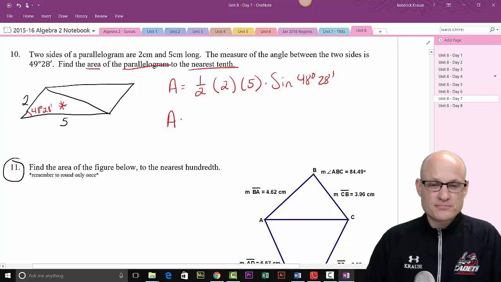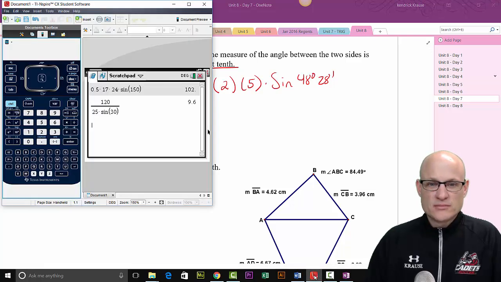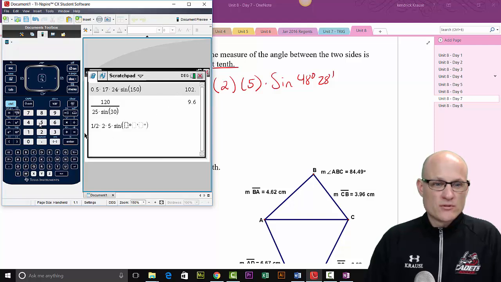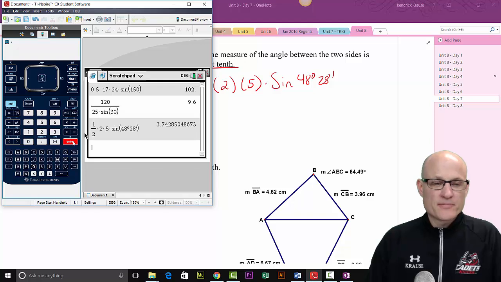So 1 divided by 2 times 5 times the sine of 48 degrees, 28 minutes. Now, what that does is that gives you the area of this triangle.